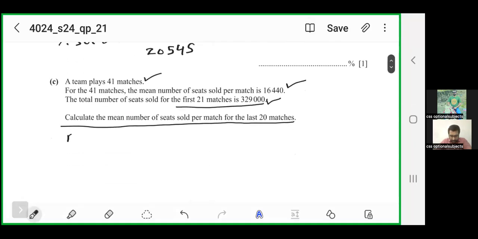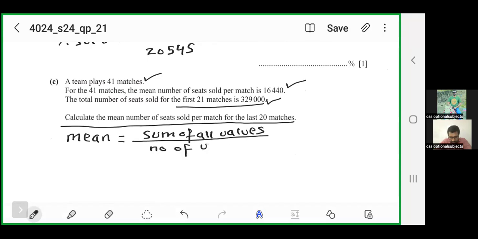Write down the formula for mean. Mean is the sum of all values over the number of values. Now, if you look at the statement for 41 matches, the mean is 16,440.